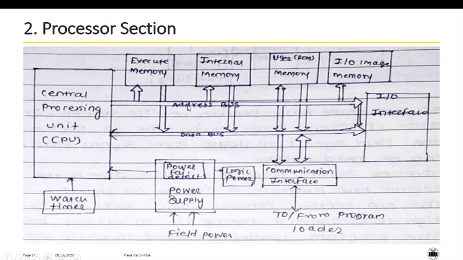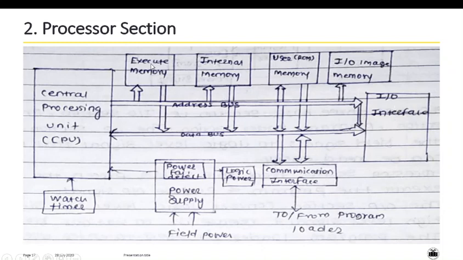These buses will carry the signal to and from the memory for the purpose of processing the data. From where will this data come? Data will come from the IO input output interface. From the input module we will get the data, and the processed data will be given to the output module.